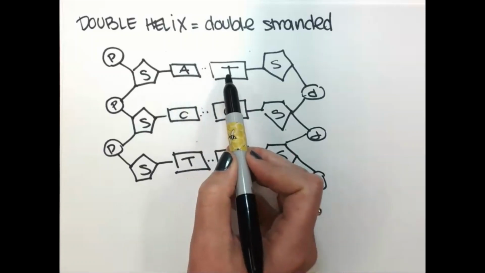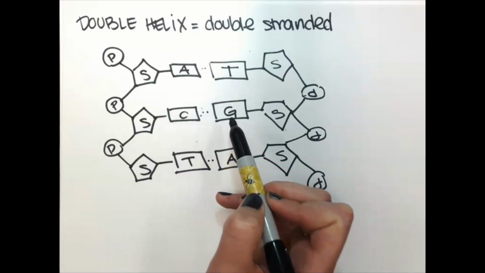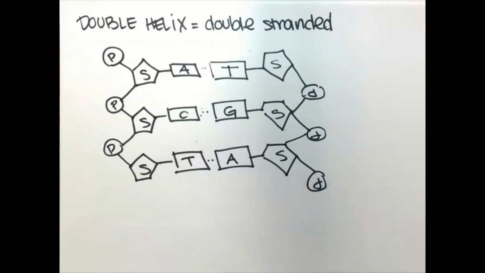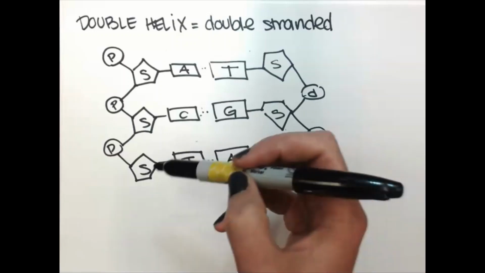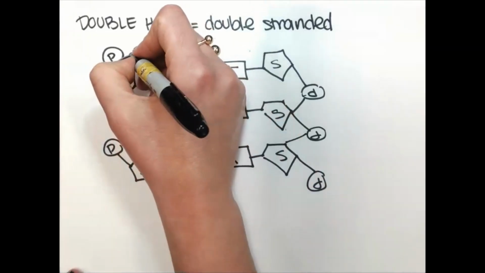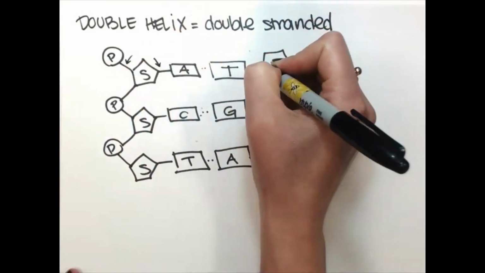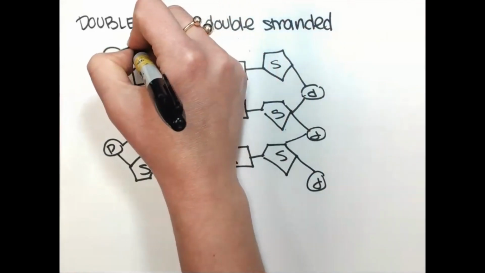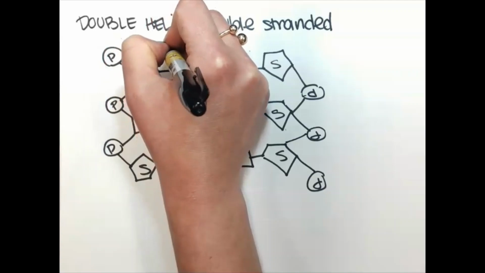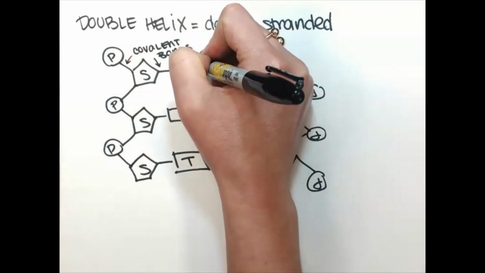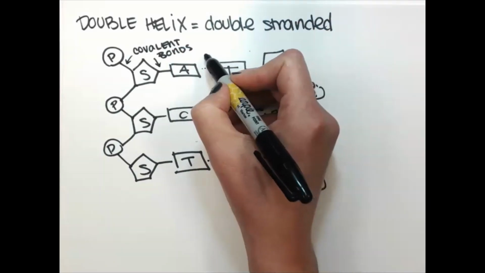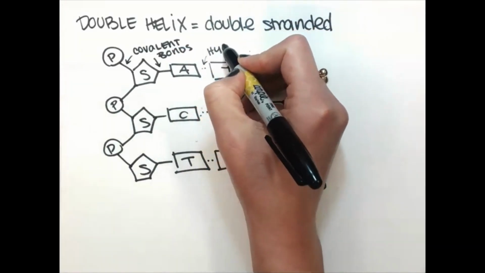So A always base pairs with T, T to A, C to G, G to C. In DNA, it's called the base pairing rules. I'll write that down, don't worry. But I just want to point out a few other things about this particular model. These lines that you see over here and over here, these are all representing covalent bonds. And in between these two nitrogen bases, those are going to be hydrogen bonds.